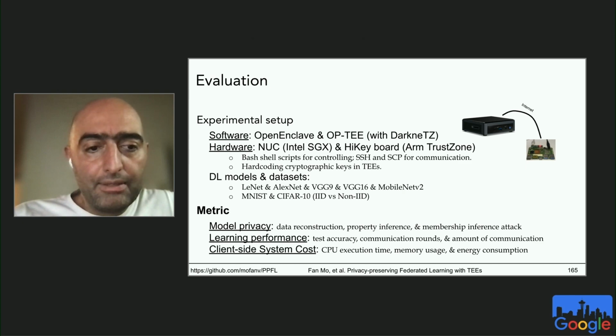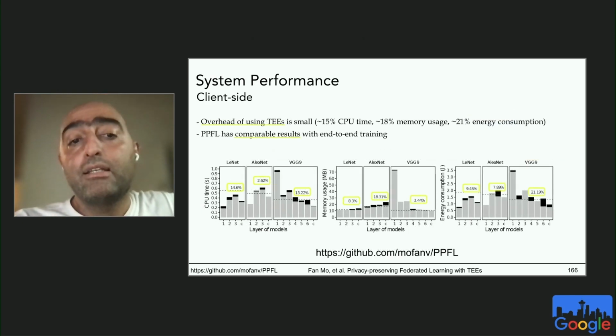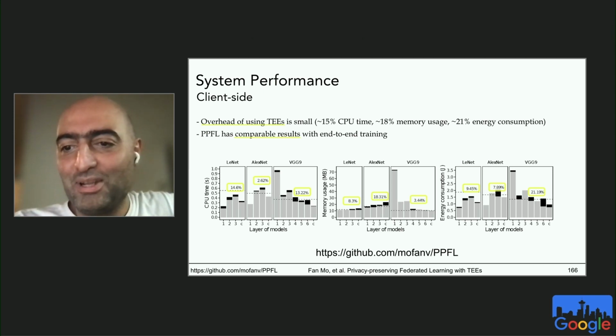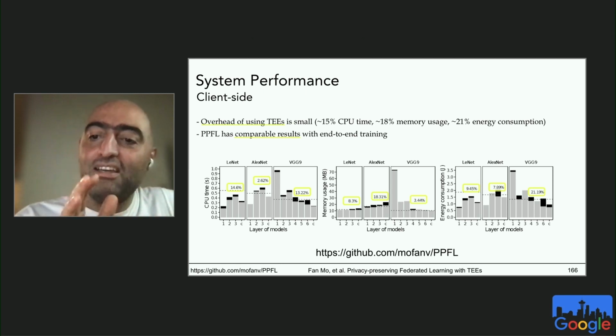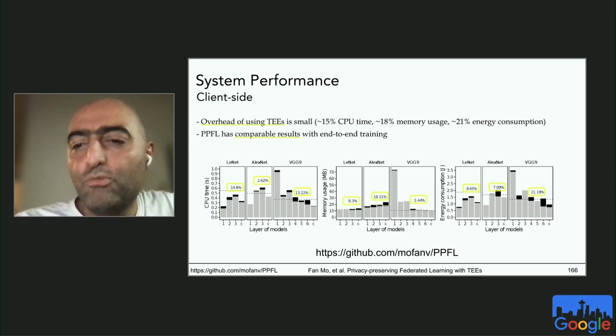And so if we go to the next slide. We saw that across the different models, somehow the quality of the slides, even for me, is very low here. I don't know if it's the same for you. But the idea is this: the overhead in terms of CPU time on the client side was not more than 15% or so.